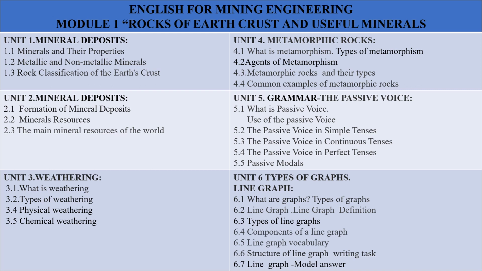Types of graphs. 6.2 Line graph definition. 6.3 Types of line graphs. 6.4 Components of a line graph. 6.5 Line graph vocabulary. 6.6 Structure of line graph. Writing task. 6.7 Line graph model answer.